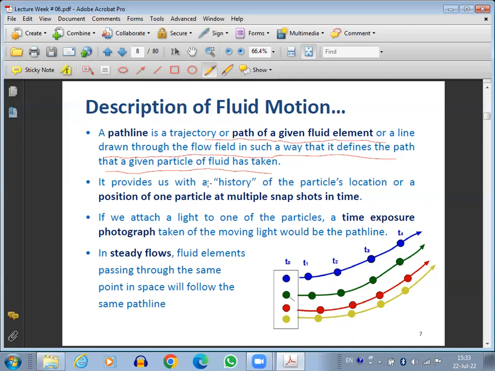So path line is a real line. It is a trajectory or path of a given fluid element, or a line drawn through a flow field in such a way that it defines the path that a given particle of fluid has taken. It provides us a history of the particle's location. Where was the particle before? Obviously, you need a camera, and then you need to draw it later on to see how the fluid particle flowed.